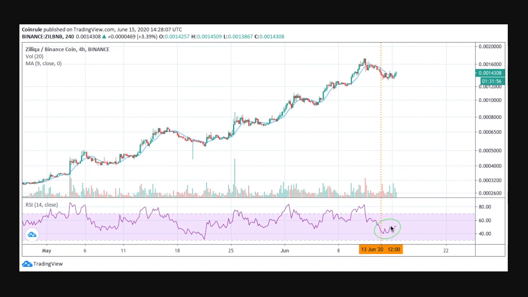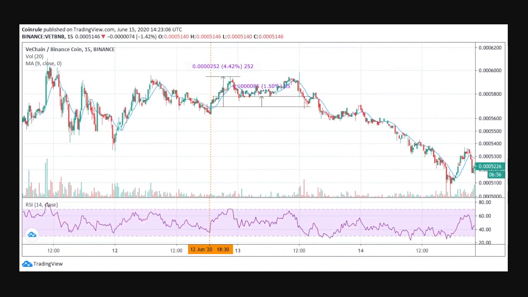That means that there wasn't enough power of the trend to push the price upward at this point. Let's make another example.